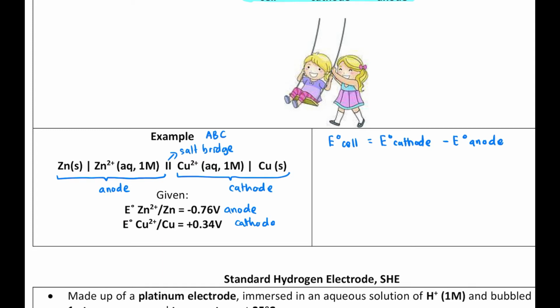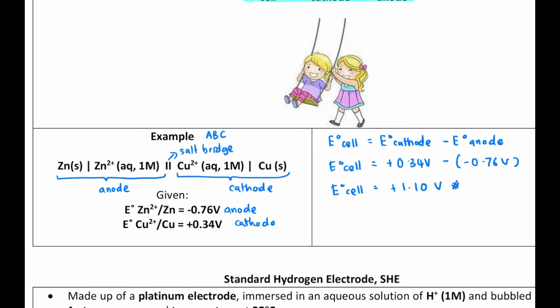Alright. So for this one, cathode kita dah tahu copper, so the value of copper is positive 0.34 volt, minus with zinc negative 0.76 volt. So E naught cell equal to positive 1.10 volt.